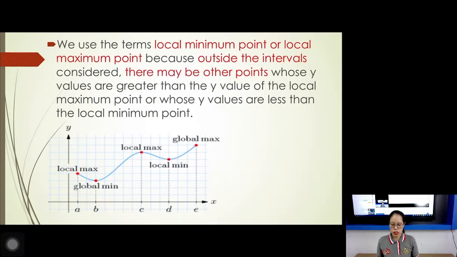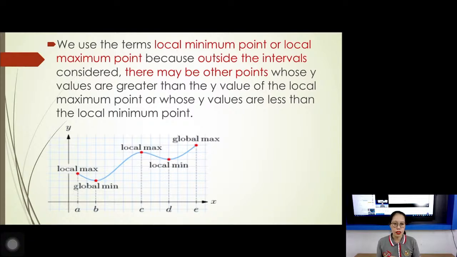We use the term local minimum point or local maximum point because outside the intervals considered, there may be other points whose y values are greater than the y value of the local maximum point. So what does it mean? A local minimum or local maximum can be more than one.